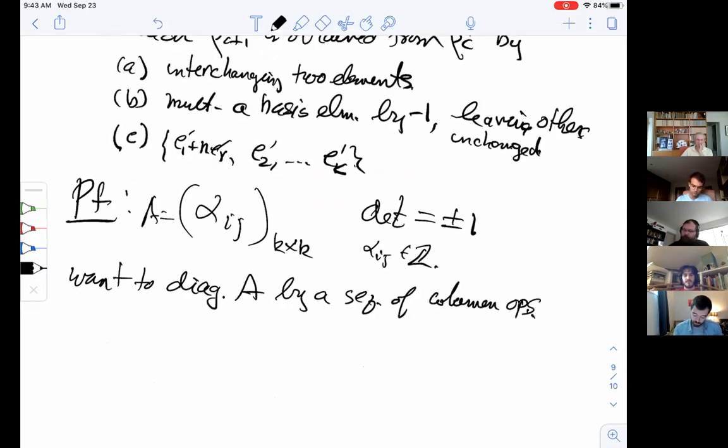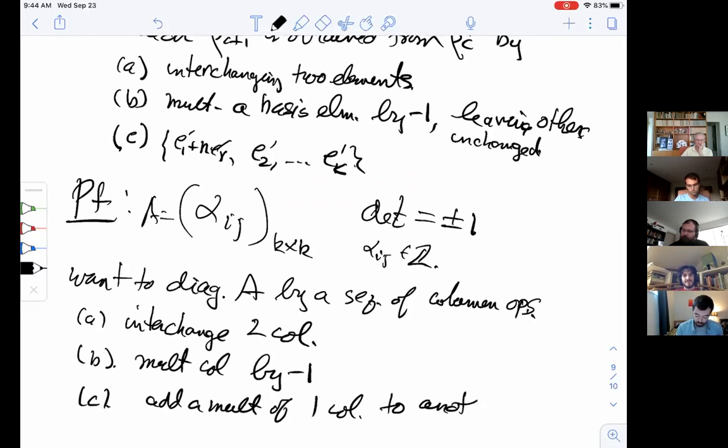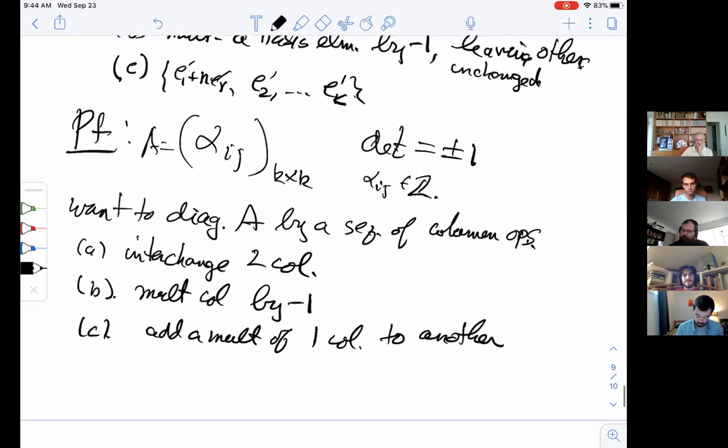Okay, where the column operations are: interchange two columns, multiply a column by -1, leave the others unchanged, and add a multiple of one column to another and leave all the others unchanged.